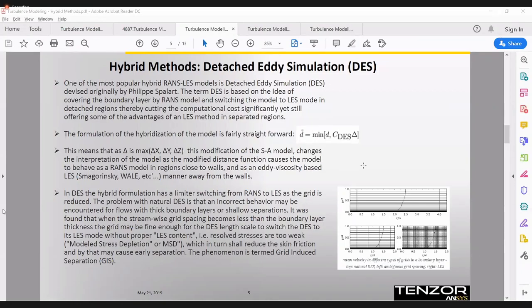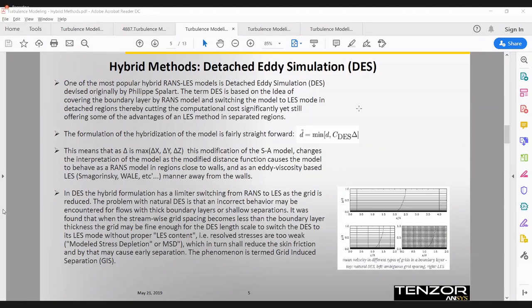Detached eddy simulation does show some kind of improvement over scale adaptive simulation, which is absolutely based on nothing except the von Karman length scale.